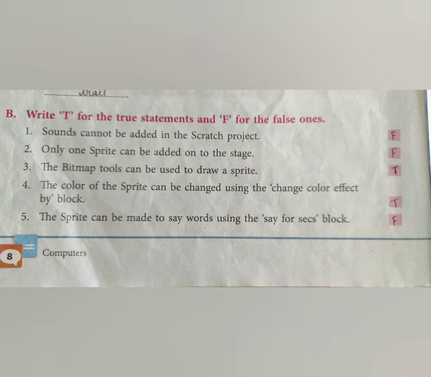We can use the change color effect by to change the color of the sprite. Question number 5 is the sprite can be made to say words using the save block. The statement is false. Okay, these are the 5 true and false statements.